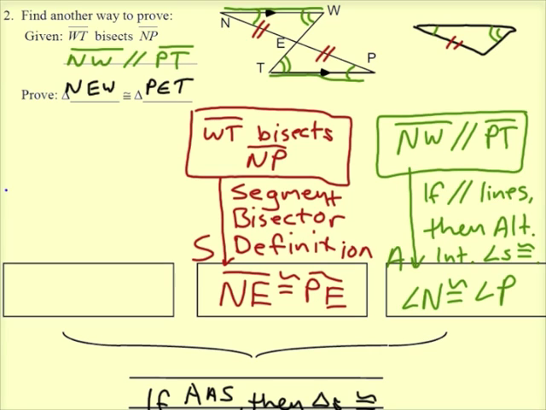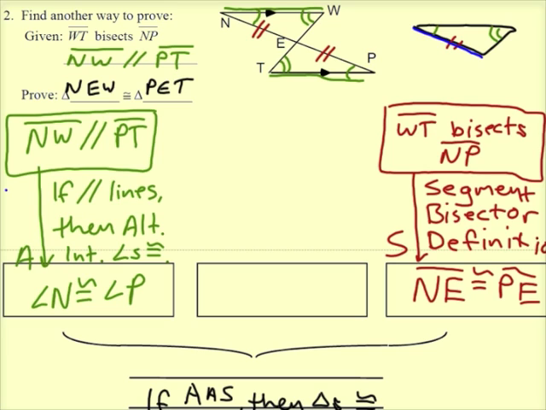And you'll notice that the red segment is only connected to one of the angles. It's only connected directly to that angle N. So we'll be using AAS. Let's do a little bit of rearranging of our proof.